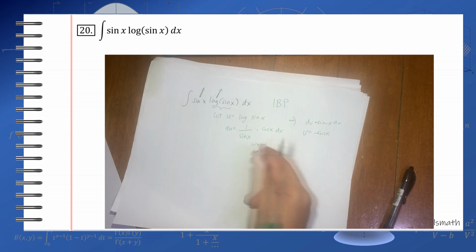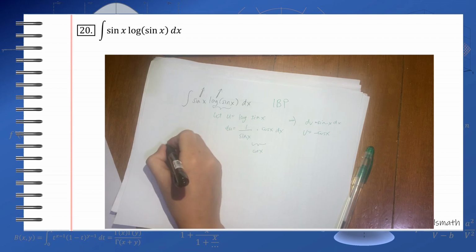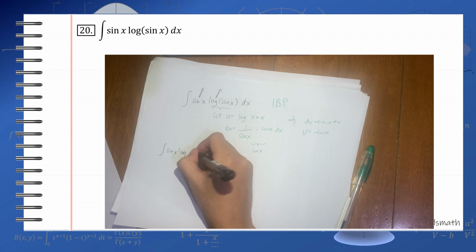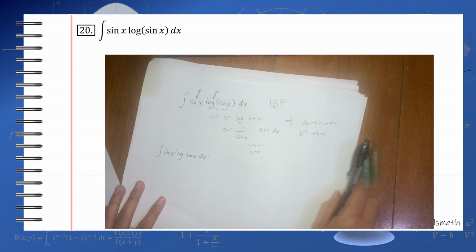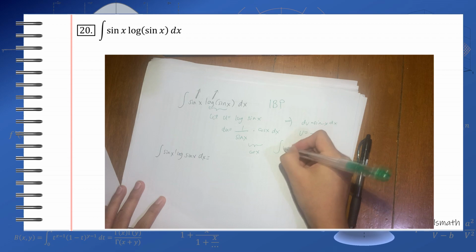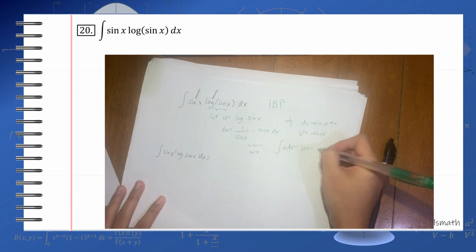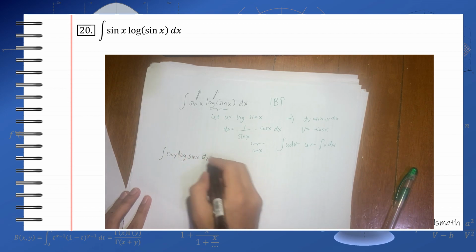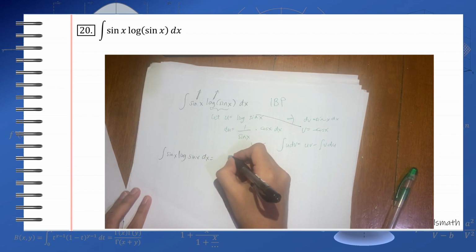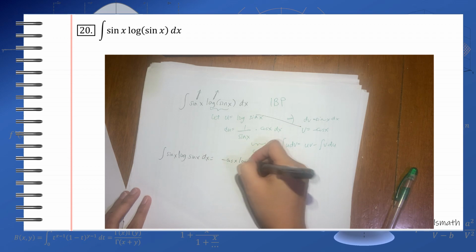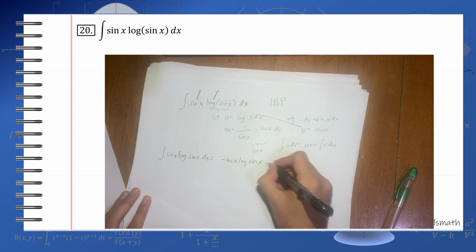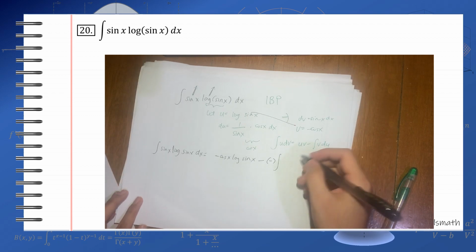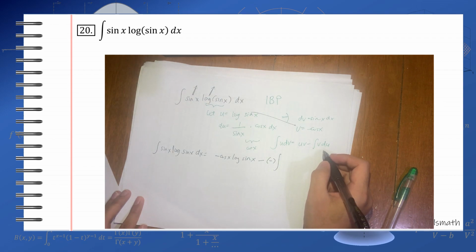So our integral of sine x log sine x dx equals, remember, the integral of u dv is equal to uv minus the integral of v du. So this thing here is equal to negative cos x log sine x minus negative, so I'll just make it positive after a while.